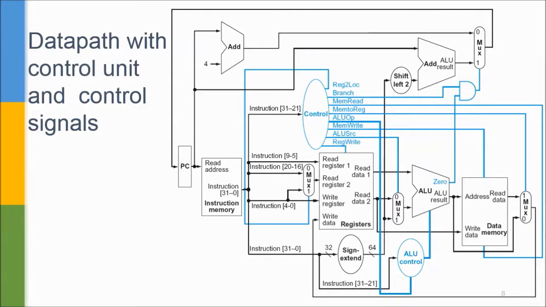Now, before we try to write a set of equations or a truth table for the control unit, it will be useful to define the control function informally, because the setting of the control lines depends only on the opcode. So each control signal should be 0, 1 or don't care for each of the opcode values.